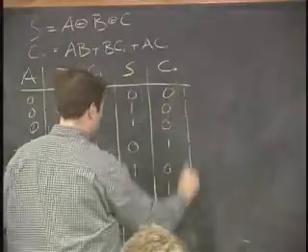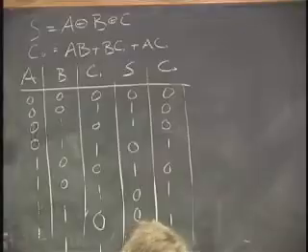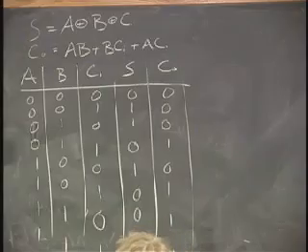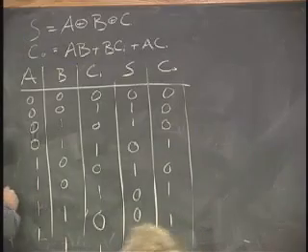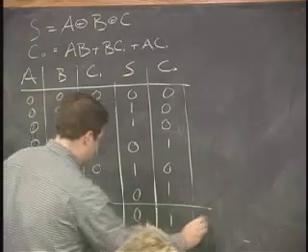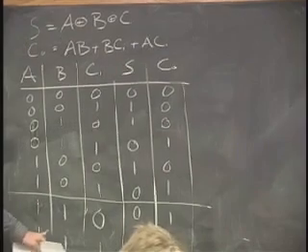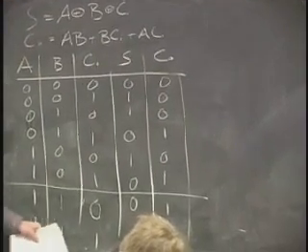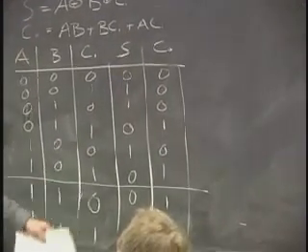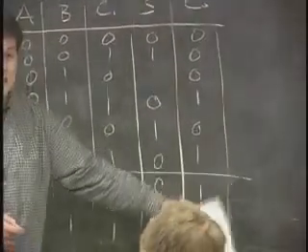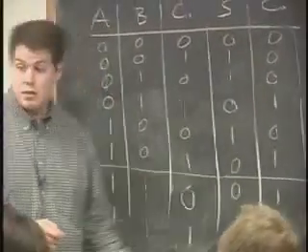Okay? So we break these up into a couple different categories. Let's look from here down. We notice that if A and B are both 1, regardless of what Ci is, CO is 1.